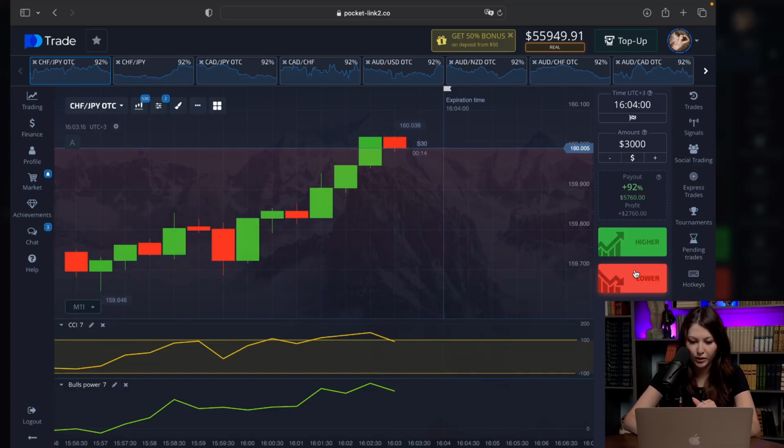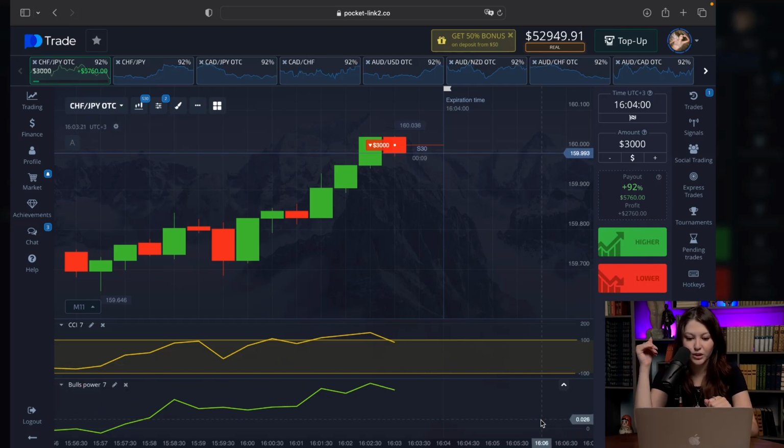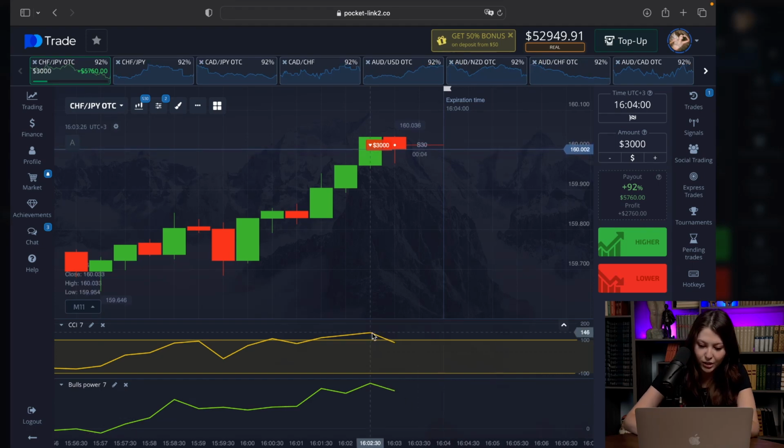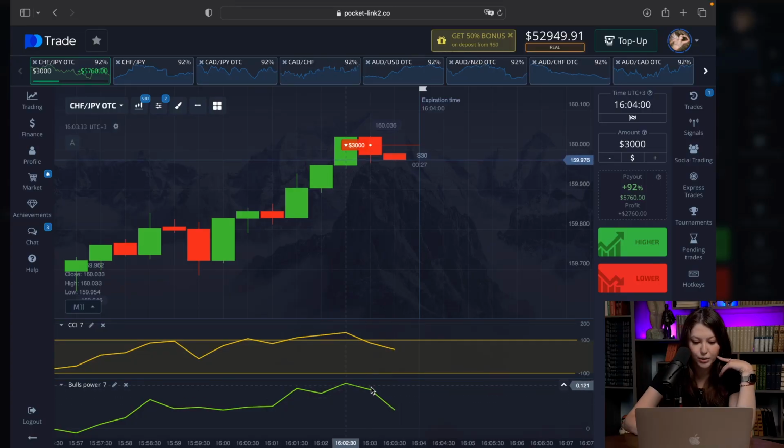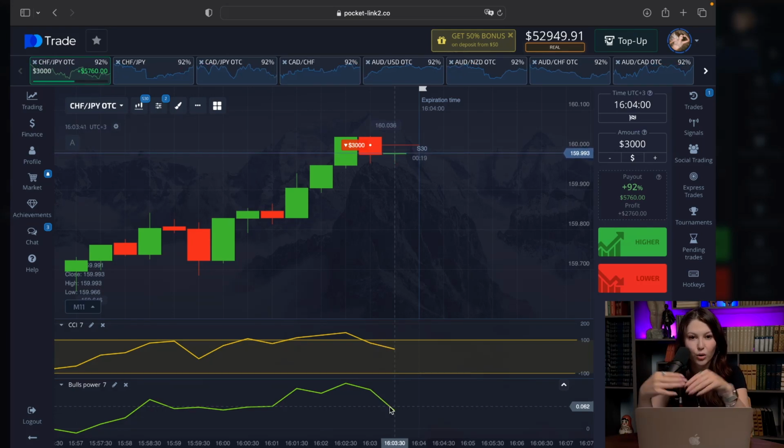So we're gonna wait a little bit and put $3,000 for example to the lower side, and we see that the SSY is going down. So you see it's going through the highest line and also we have the breaking line moment on the Bulls Power, and now we can understand that the prices are going down and the graphics is going down.